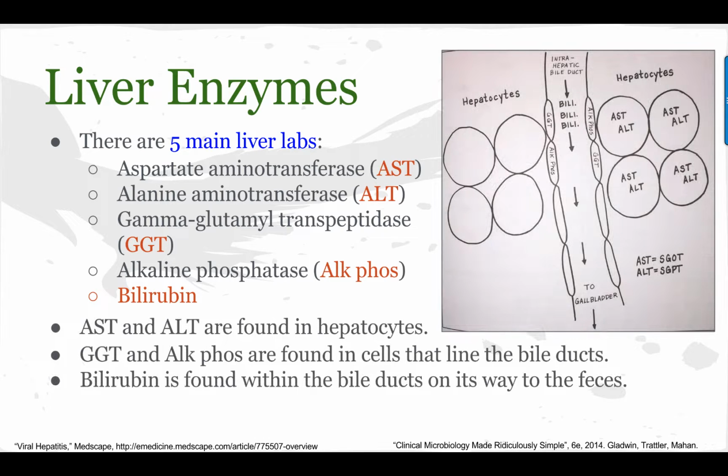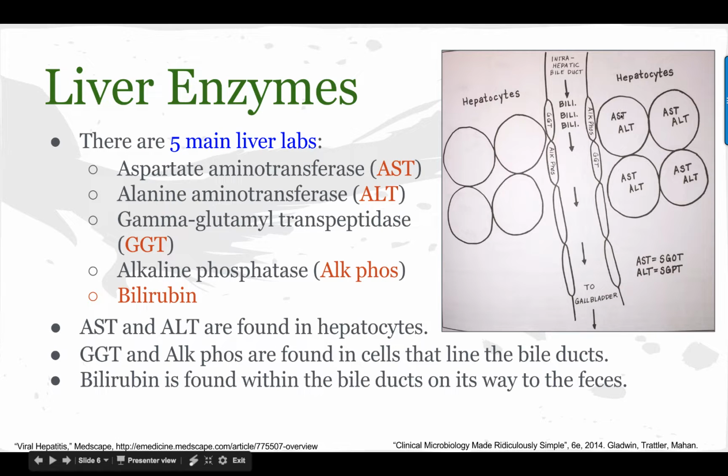AST and ALT are primarily found within the hepatocytes of the liver. So let me get my little cursor out here. On this drawing, these circles represent the hepatocytes, and this track represents an intrahepatic bile duct, a little bile duct that's traveling between rows of hepatocytes.